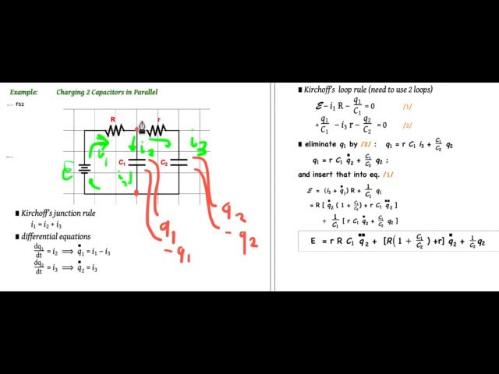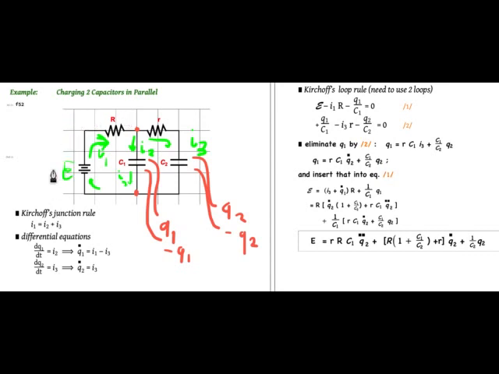We really only need one equation because the equation would be the same at both junction points. So let's take this junction. Current I1 comes into that point. Current I2 and current I3 goes away from that point. Therefore, by conservation of charge, I1 is equal to I2 plus I3. So that's one equation. There's a similar equation for this junction point, but I don't need to write that down because that's just the same equation.